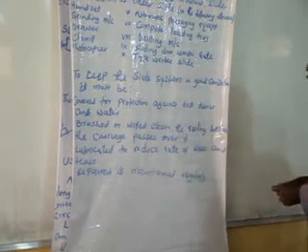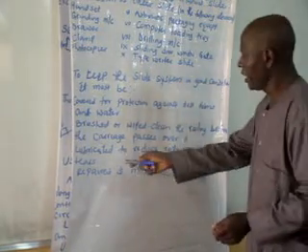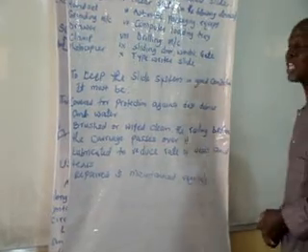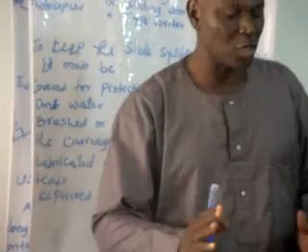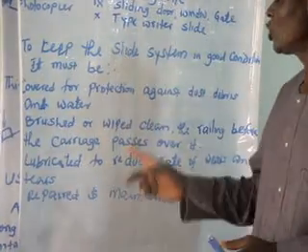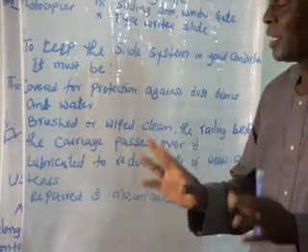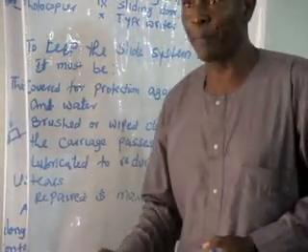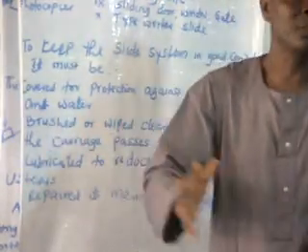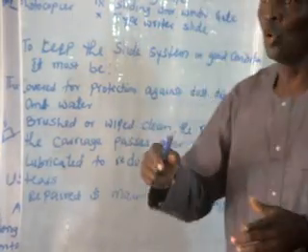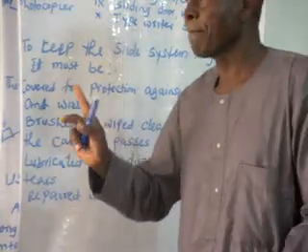Then the next one, last but not the least, repair and maintain regularly. As much as possible, try to maintain your slide regularly. And when there is a need for you to repair, that is when you have a faulty part, make sure you replace the faulty part.